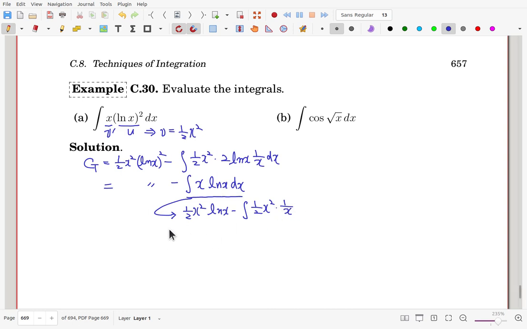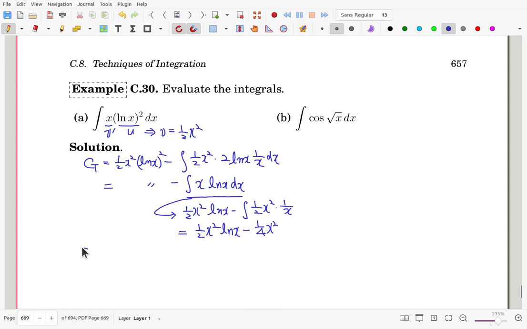So we can get here half x squared logarithm x, and then this is half x, so that is not positive, it must be negative, and this half x gives quarter x squared, plus c.